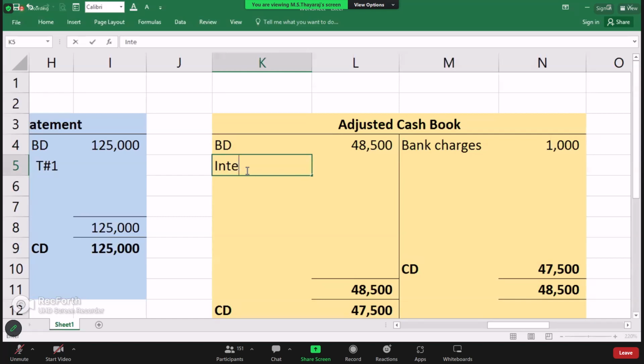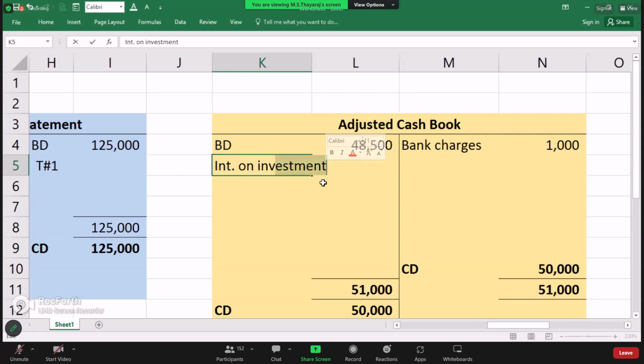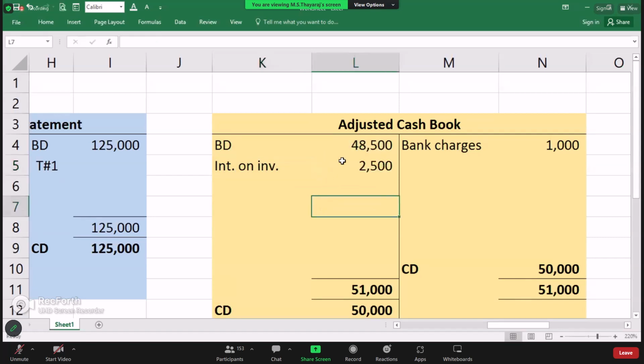Interest on investment, how much? 2,500. So it is only considered for the adjusted cash book.